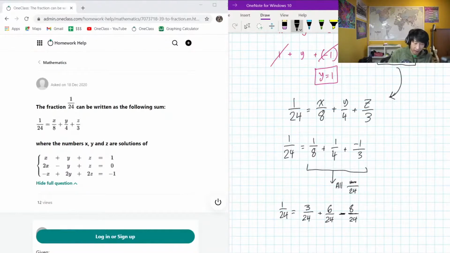Now that all of them have the same denominators, we have 3 plus 6 minus 8. So that's 9 minus 8. That's 1/24. So 1/24 equals 1/24, big happy face.